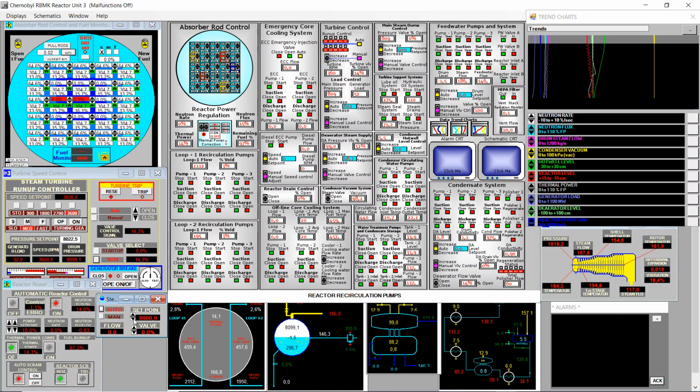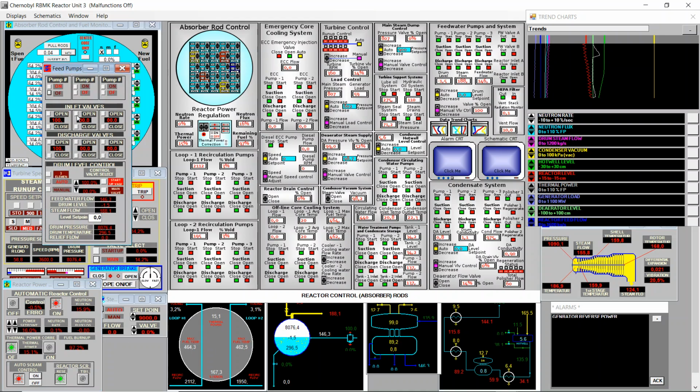No, I will keep it at 9,000. Increase reactor power to 15%, and when we go above 80 megawatts, we need the three feed water pumps. So I will restart the pumps, open this and this.